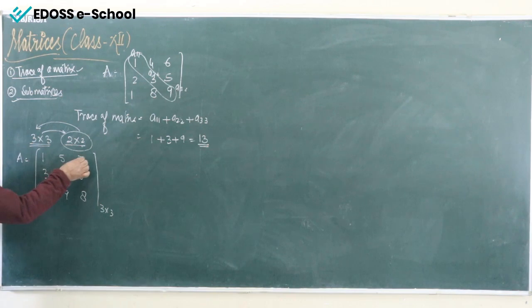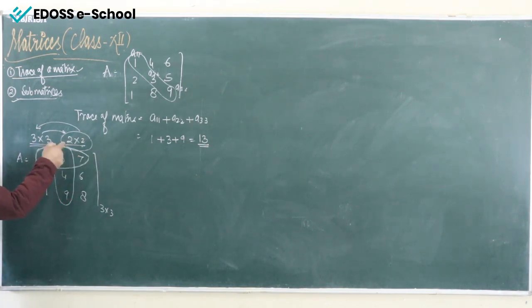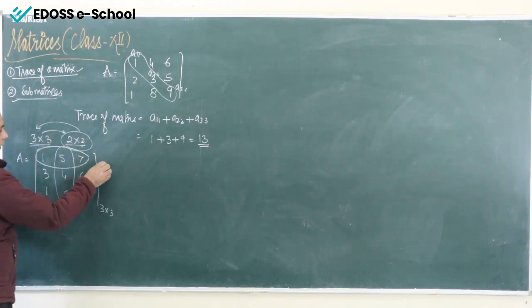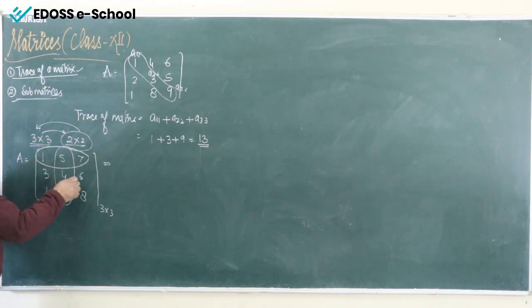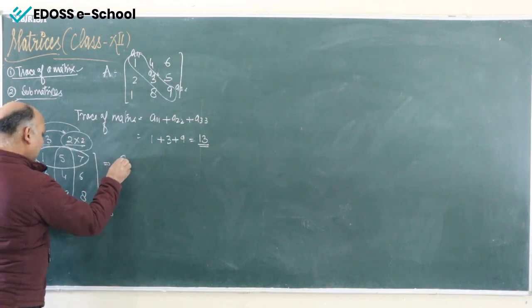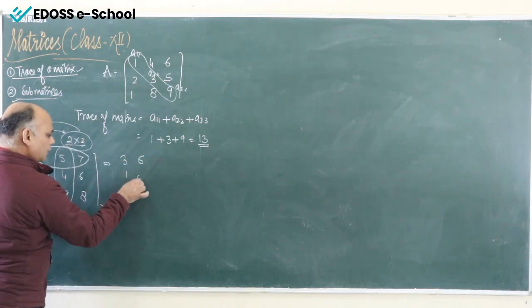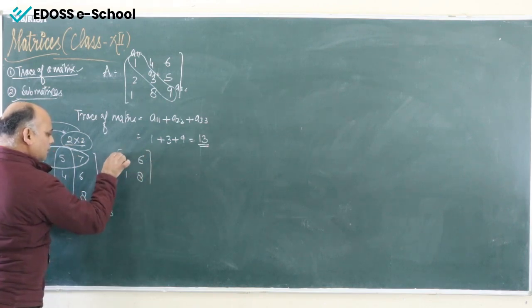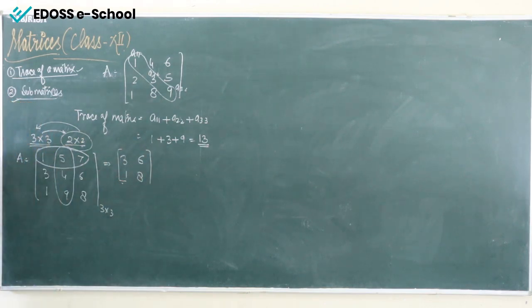Suppose I am omitting the first row and second column, then the remaining elements 3, 6, 1, 8 are known as a submatrix. Then you can write it 3, 6, 1, 8. This will be a submatrix of the given matrix.